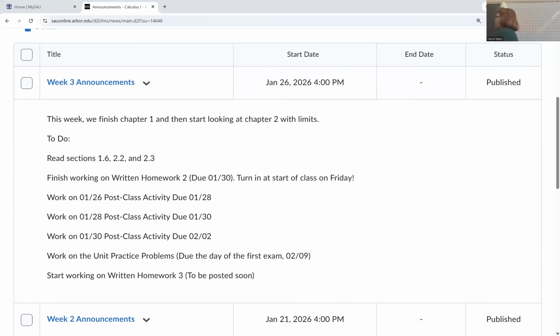That was our kind of loose definition. There was a formal one with epsilons and deltas, but it's just that as I get really close to an x value of c, my outputs get really close to L.